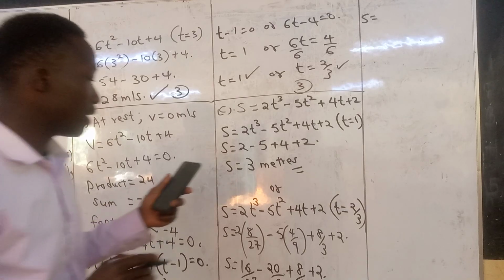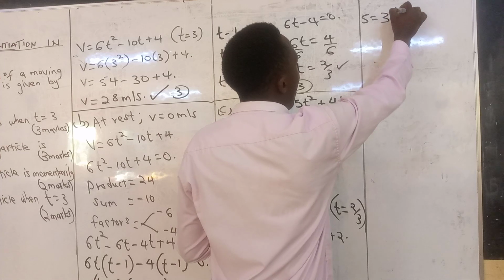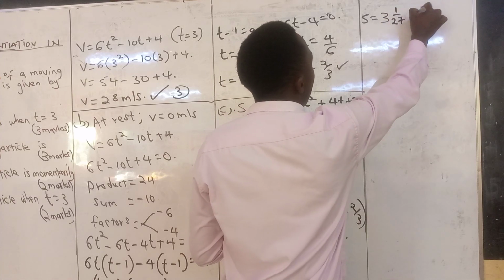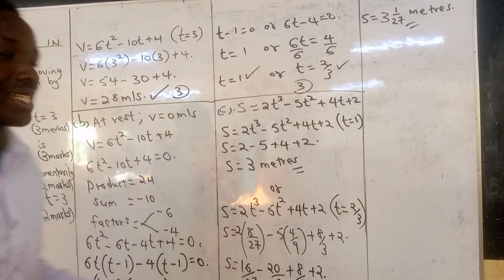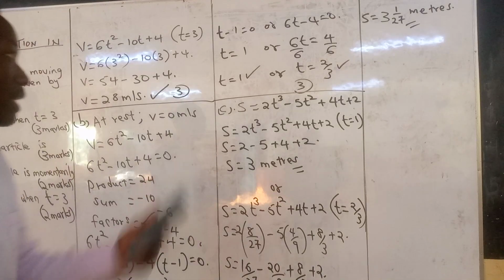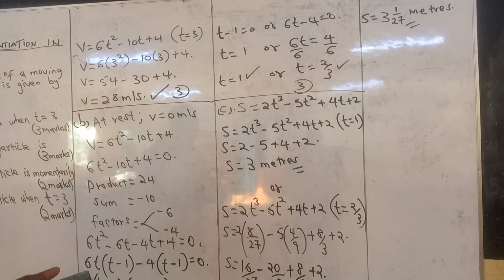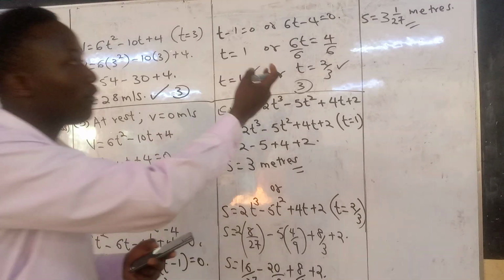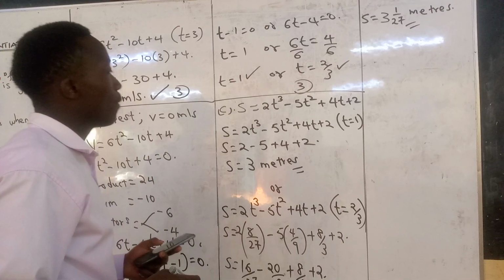It will give us 3 whole 1 over 27 meters. That is our second displacement. So the first displacement at rest is 3 meters and the second one is 3 whole 1 over 27 meters. You can confirm that one for me, and that's good.